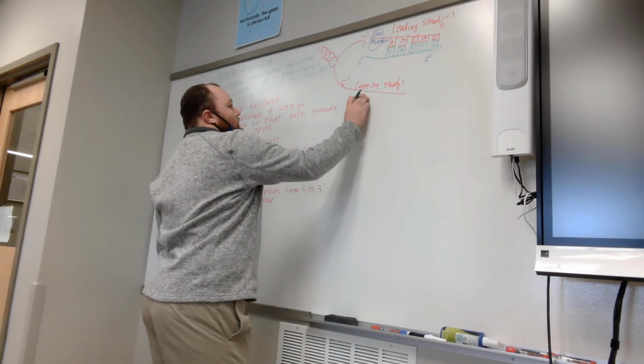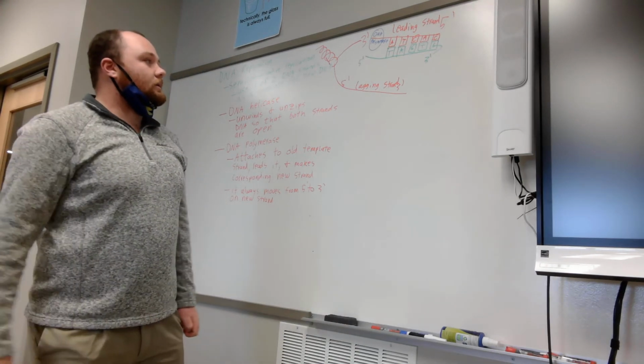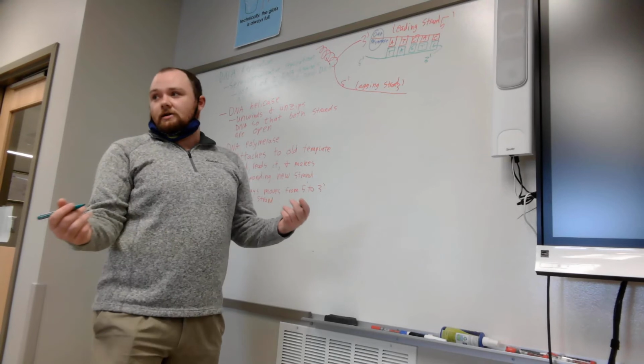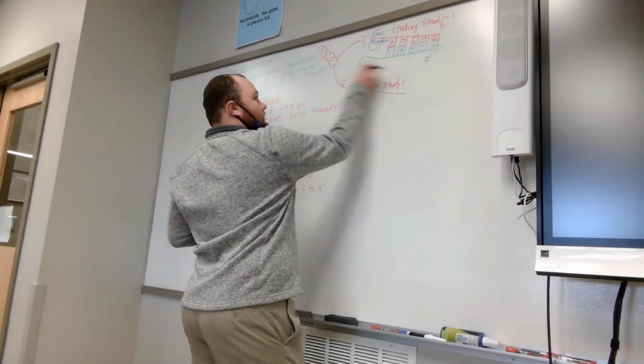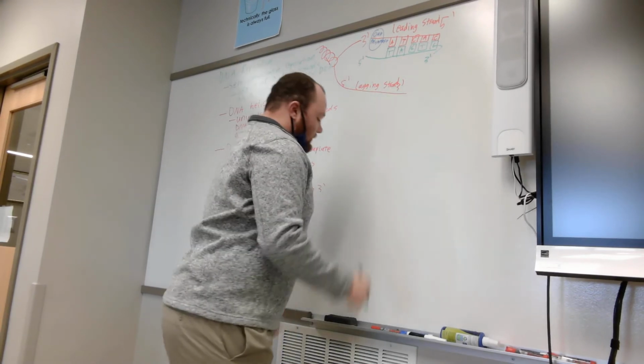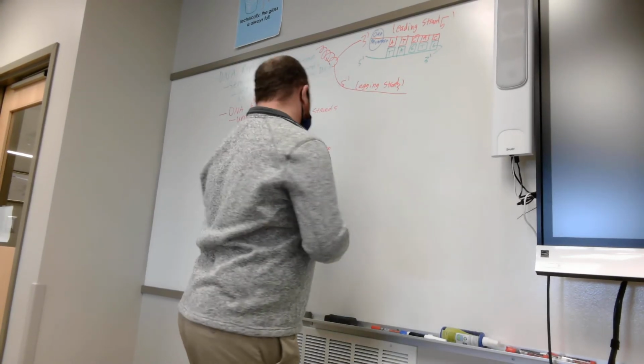Now, this one does a little bit different stuff because the new strand is getting made this way. But it's opened up in a weird way that is going to make it more difficult.